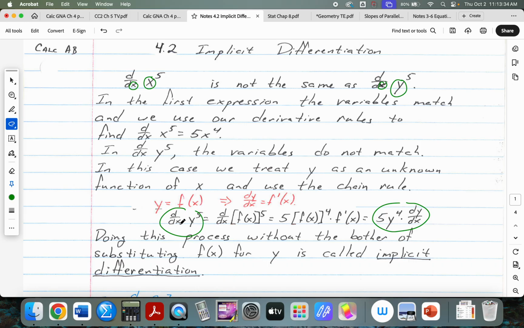So when the variable that you're taking the derivative with respect to doesn't match the variable that you have, we're going to take the derivative as normal and then use the chain rule, multiplying times the derivative of that inside part with respect to the variable you're taking the derivative with respect to. Yeah, I know, that was a convoluted sentence, but I think you got it.